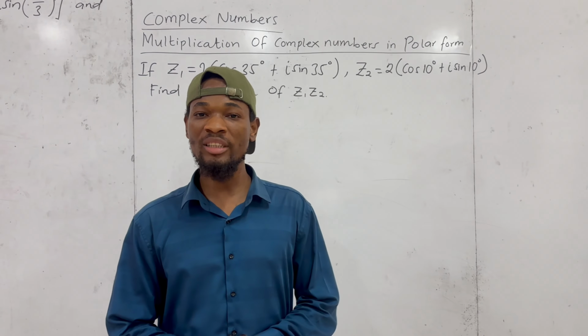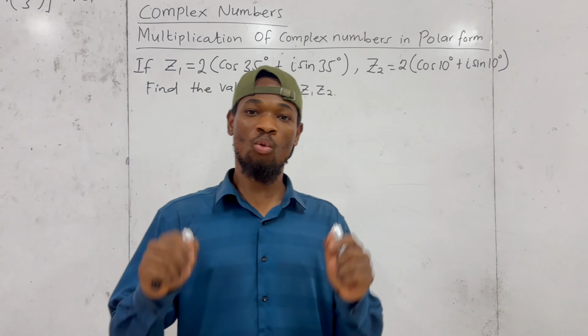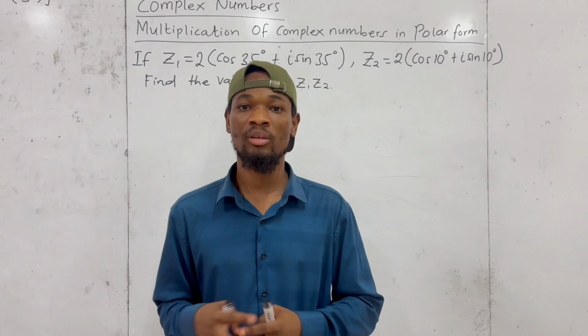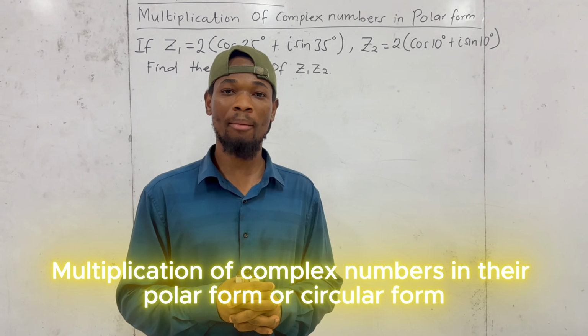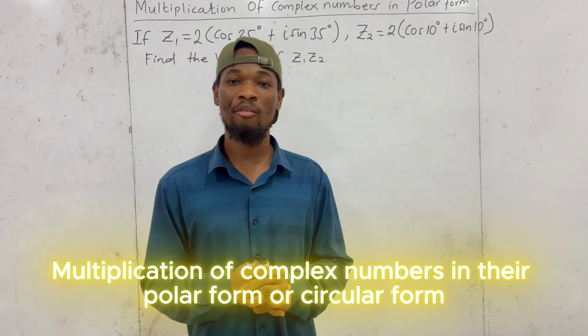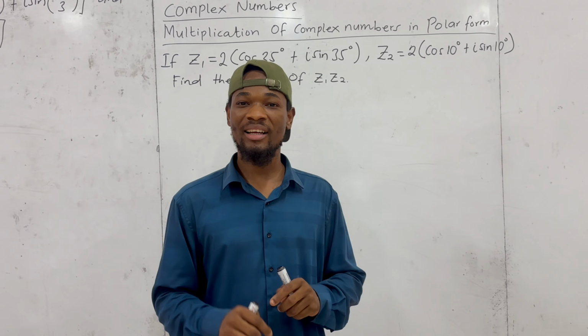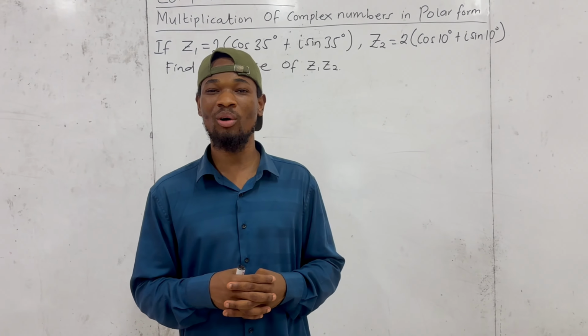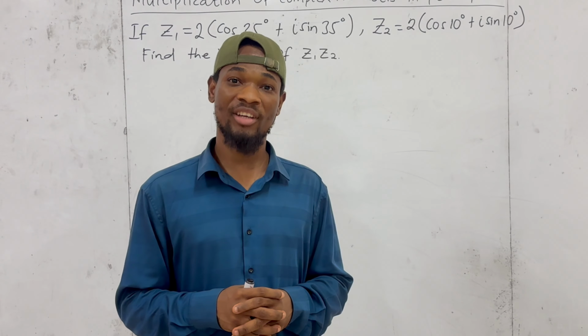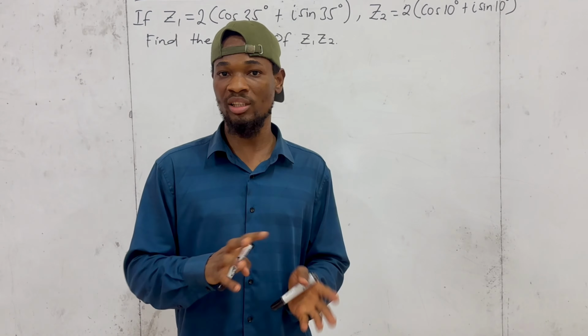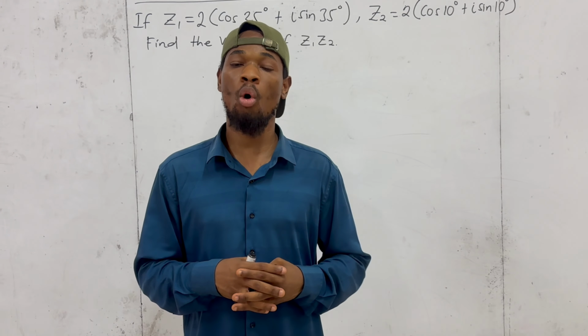I know you've always been on tenterhooks waiting for questions under the proof of multiplication of complex numbers in their polar form or circular form. If you are new here, kindly visit my previous lectures where I have dealt with the proof, in order to appreciate the concept to the core.